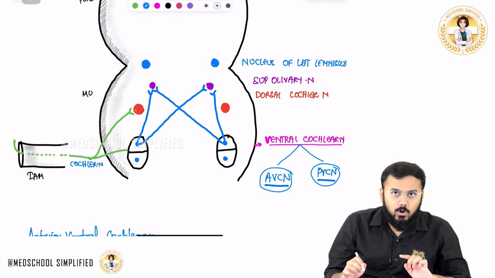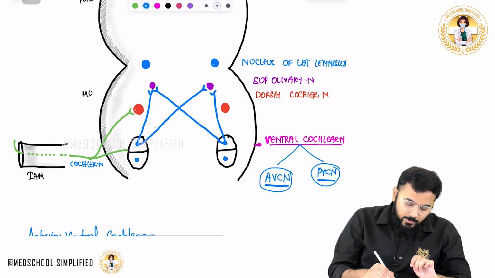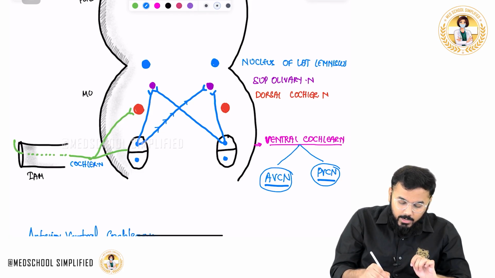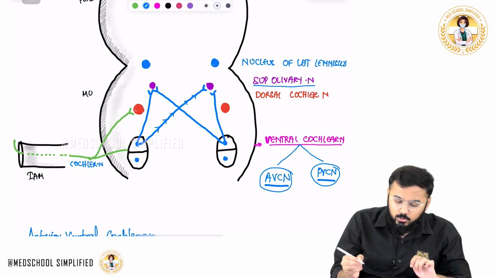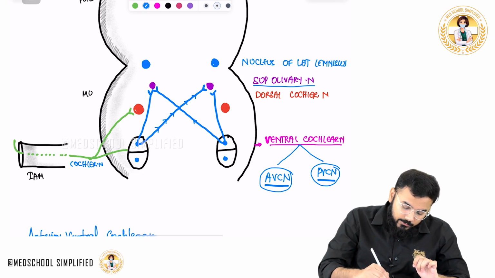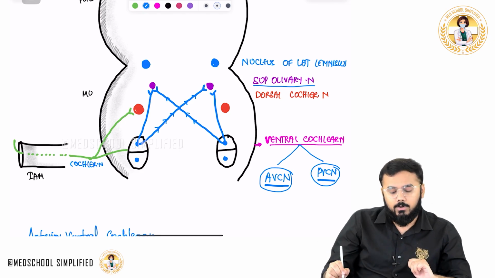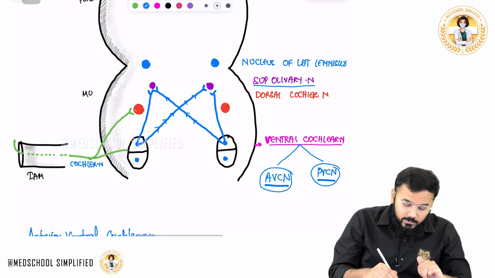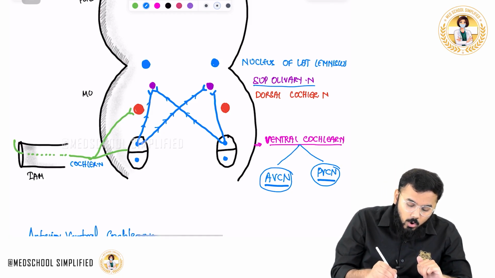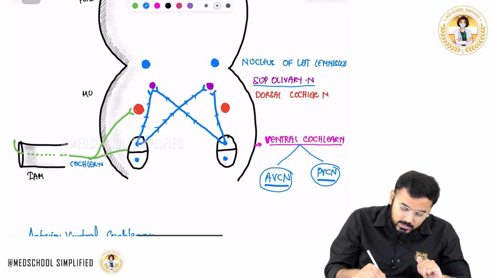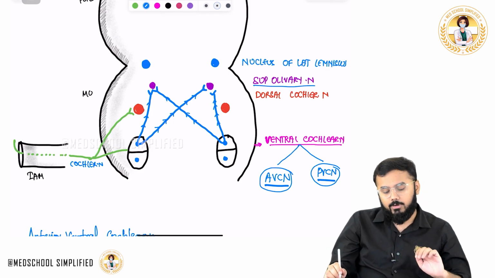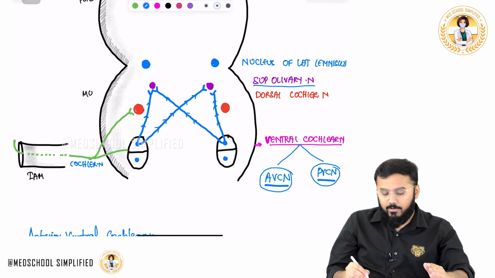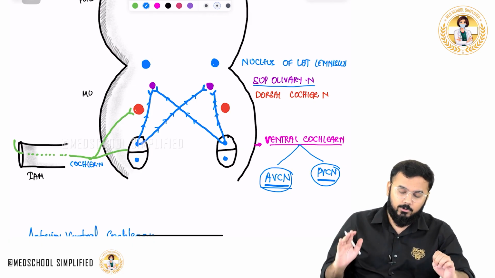When anterior ventral cochlear nuclei are activated, the fibers run up in this way and activate the next nucleus, that is superior olivary nucleus. Here also the fibers run up and activate your superior olivary nucleus. 50% of the fibers do not go contralaterally, rather they are on the same side and activate this superior olivary nucleus. So the story of anterior ventral cochlear nucleus is done.